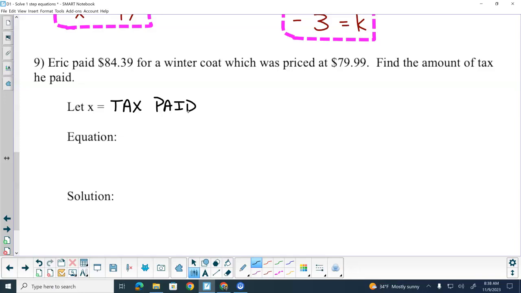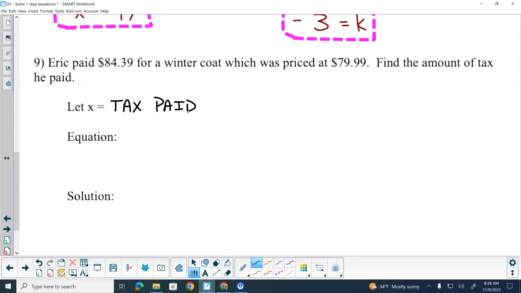Now, most of you have probably been to a store at some point in time and you've actually bought something. So if I go to the store, I see something on the shelf, I grab it, I walk up to the counter. What do I pay in the end? I pay the amount that the product was worth, right? Plus the tax, right? That tells me what the final bill is.